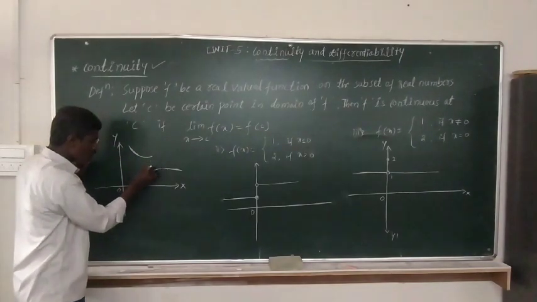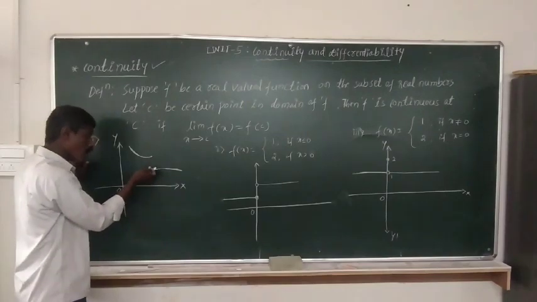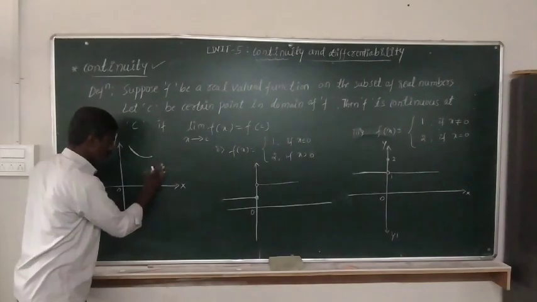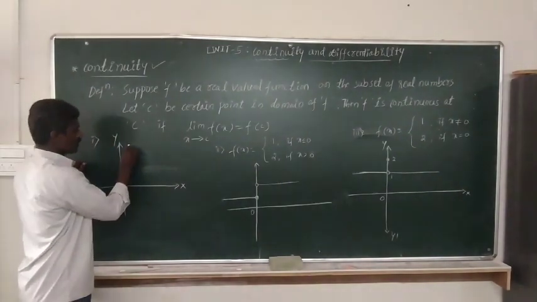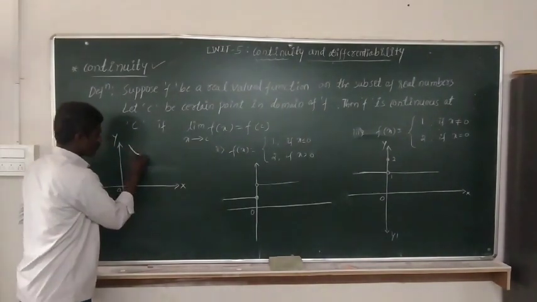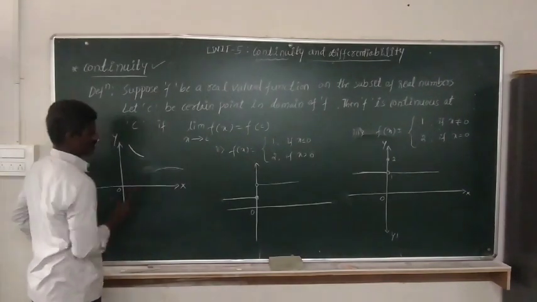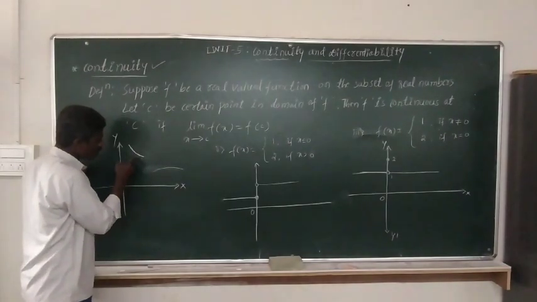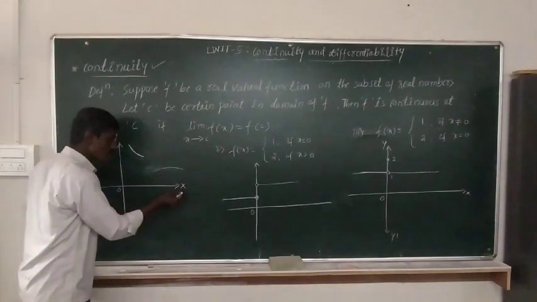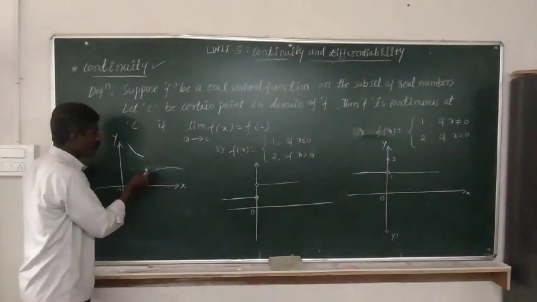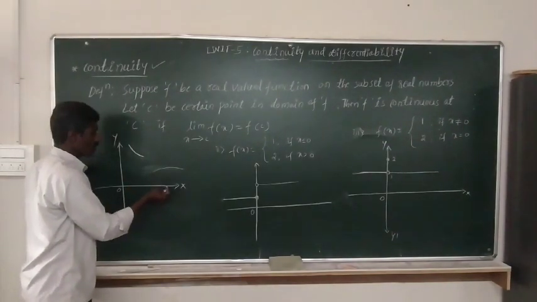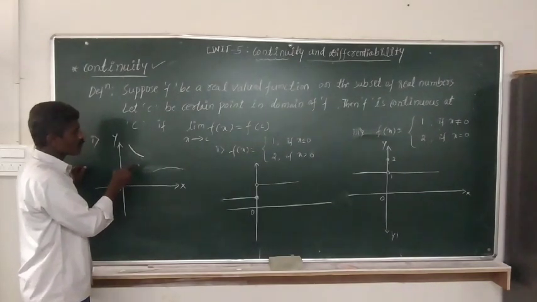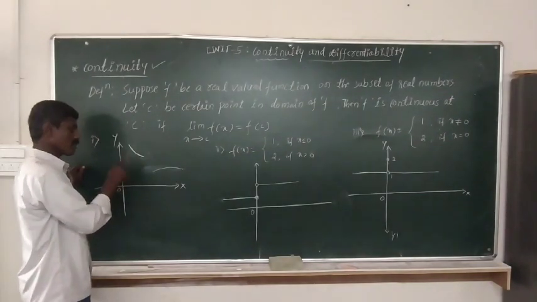The graph is broken here, so we can't draw this graph in one sweep. Such graphs are called discontinuous graphs because to draw them we have to lift the chalk piece, pen or pencil. Such graphs are called discontinuous functions.